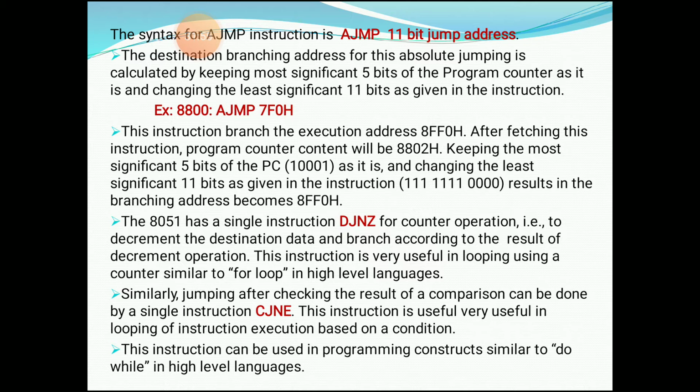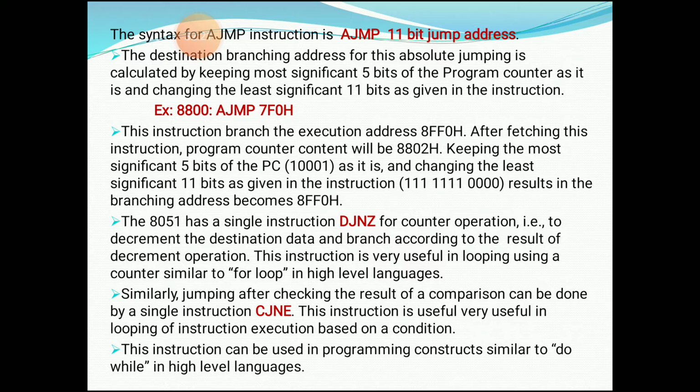The 8051 has a single instruction, DJNZ, for counter operation, that is, to decrement the destination data from the register or indirect addressing mode and then branch according to the result of the decrement operation. This instruction is very useful in looping using a counter, similar to a for loop in high level languages.